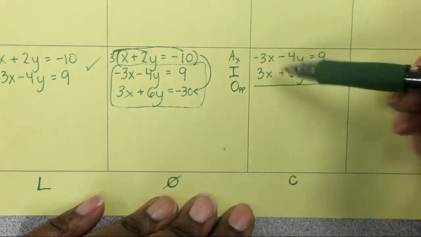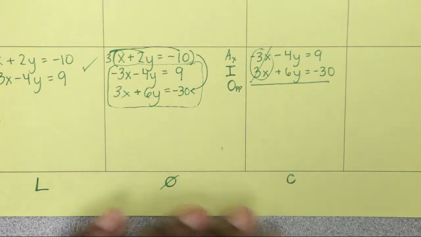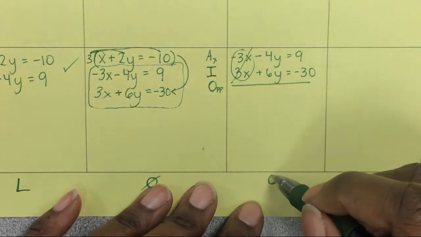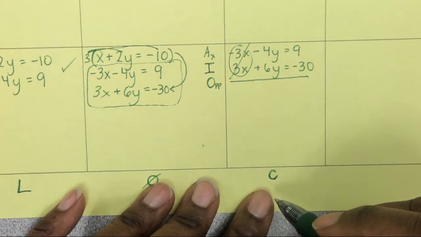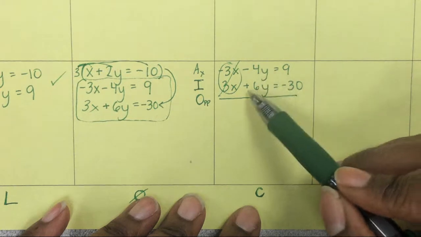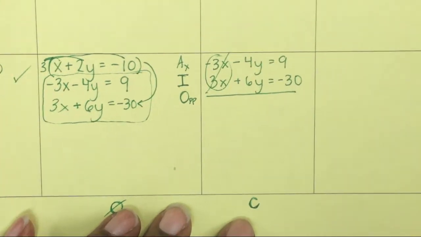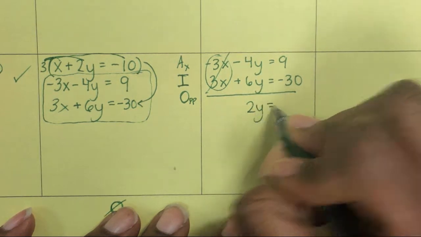The X's. Good. The X's are going to get eliminated. That's why it's called elimination method. And then C, remember C stands for combine. Combine means to add. Sometimes you're adding 2 positives. Sometimes you're adding 2 negatives. Sometimes, in this case, this is a negative plus a positive. So negative 4 plus 6 for the Y's is 2Y.